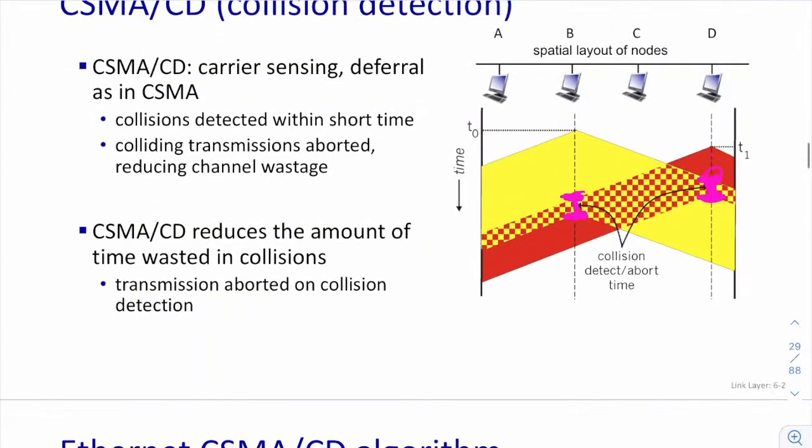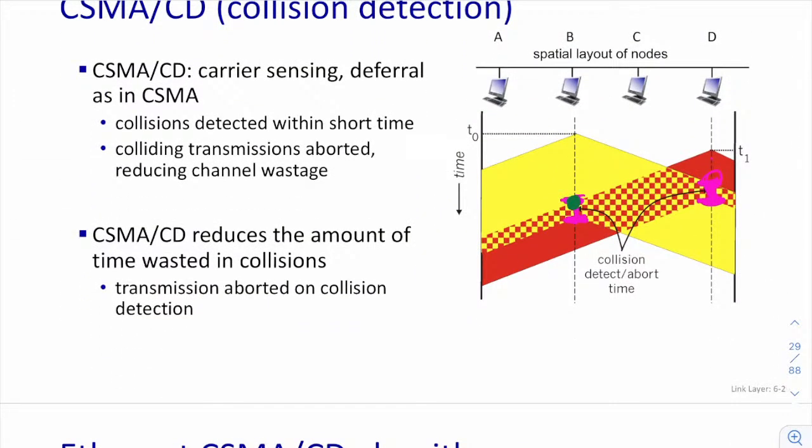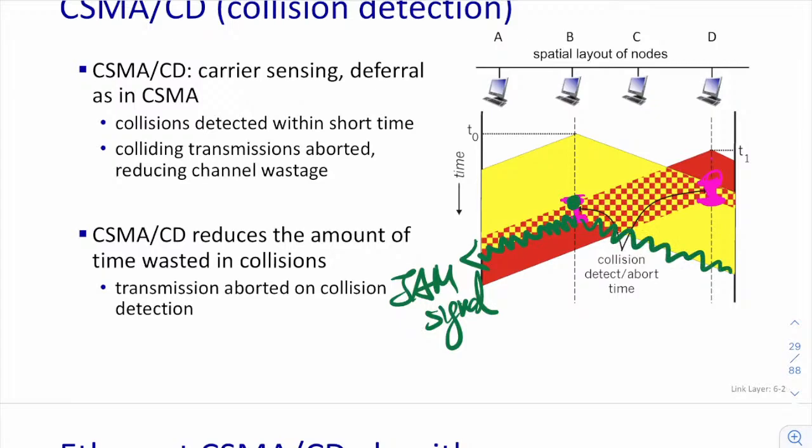Let's take a look at this figure. When you sense a collision, you send a jam signal to all the other nodes, so that it guarantees that all the nodes in this subnet know a collision happened.